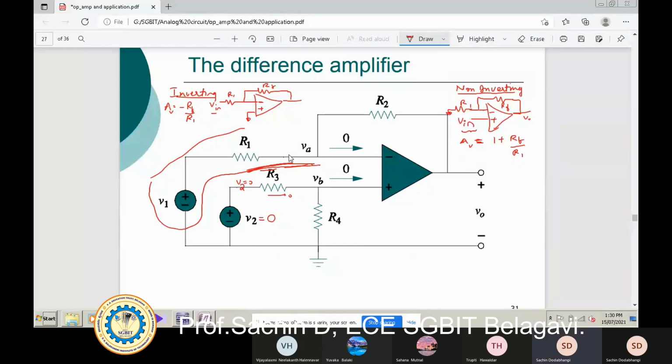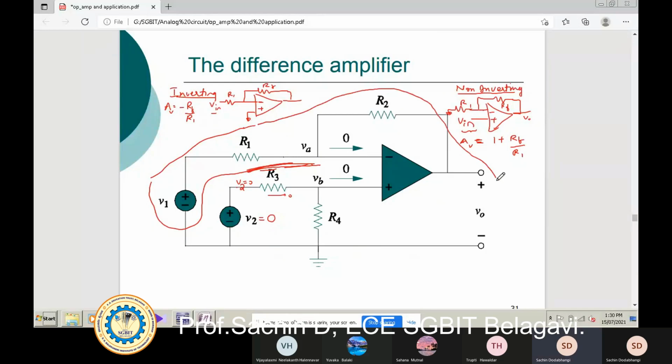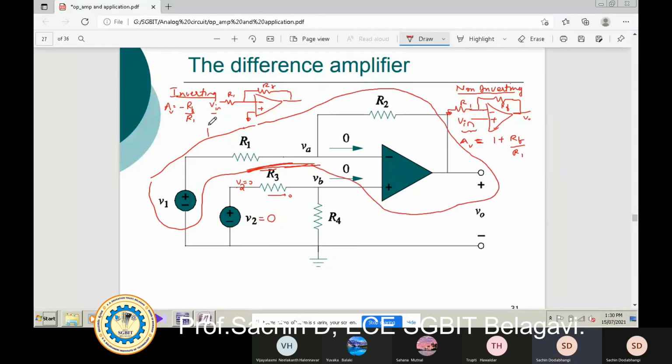If you consider only V1 voltage and V2 is 0, it looks like an inverting amplifier.